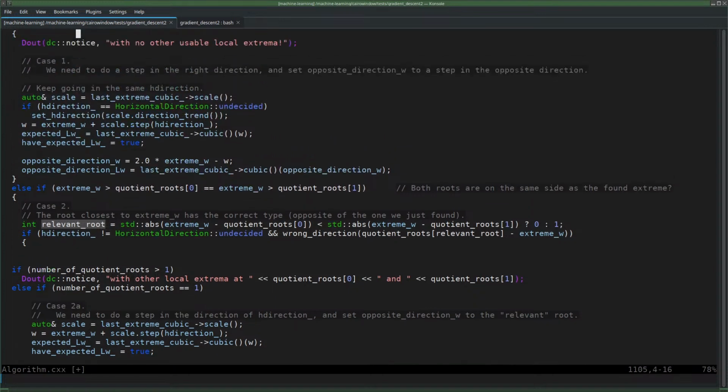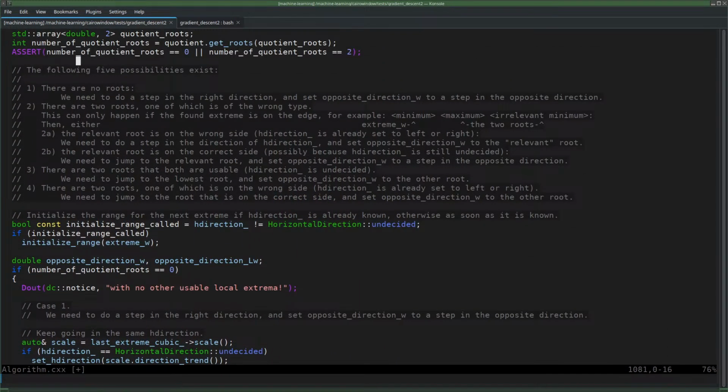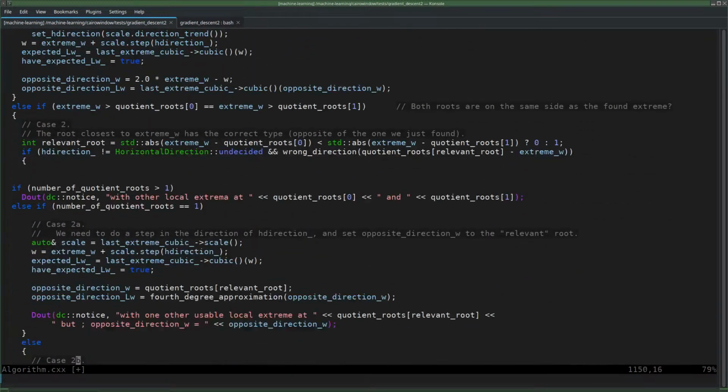Case 2. There are 2 roots, one of which is of the wrong type. Yeah, so that would be completely ignored, even in the debug output.